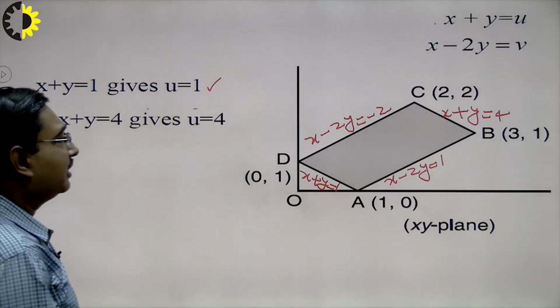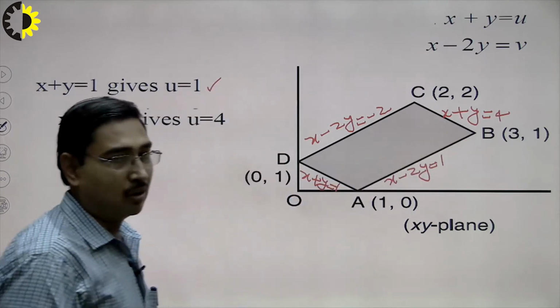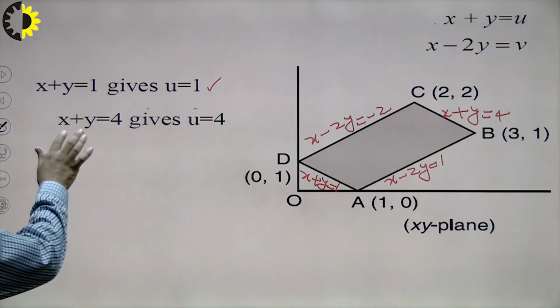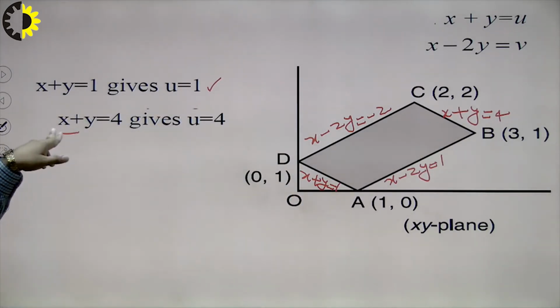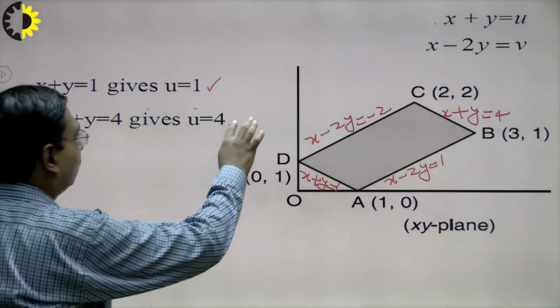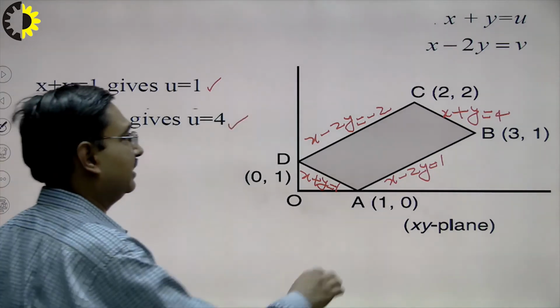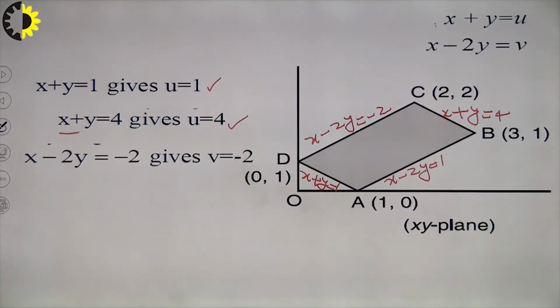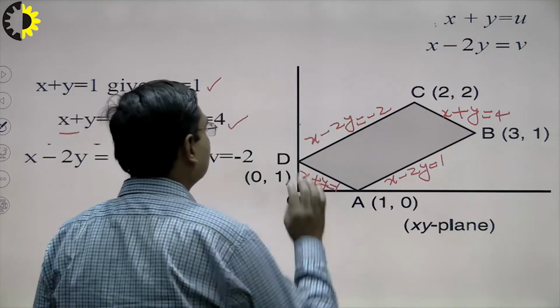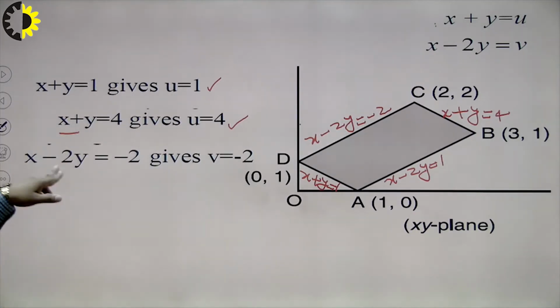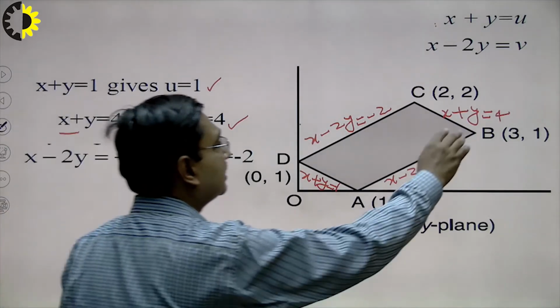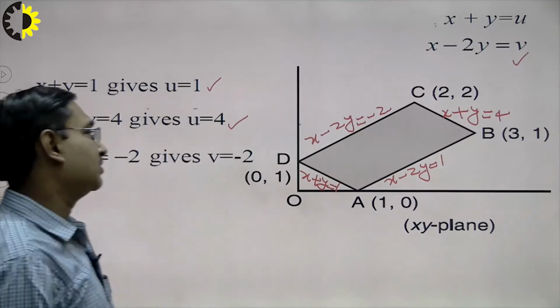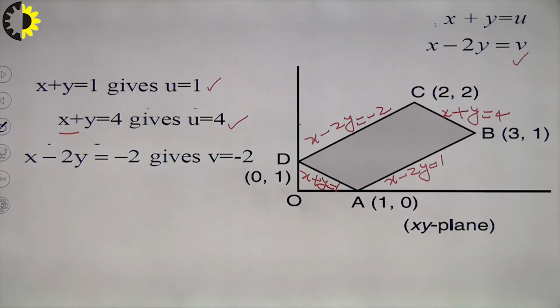x plus y equal to 4, which is our next boundary. Substituting, it will give u equal to 4, because the value of x plus y is u. The next boundary is x minus 2y equals minus 2, because x minus 2y is v from our given substitution, therefore it will give v equals minus 2.